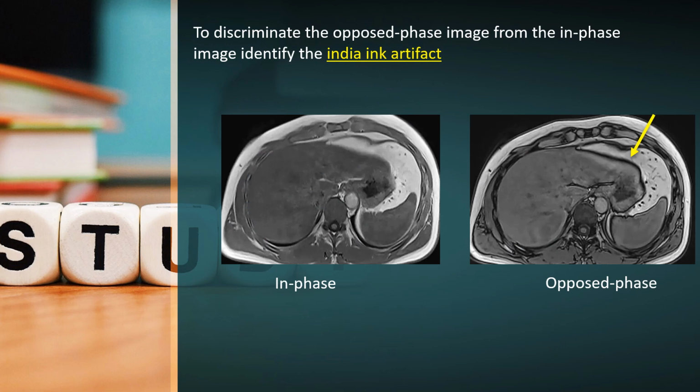To discriminate the opposed phase image from the in phase image, try to identify the India ink artifact, indicated by the yellow arrow. This artifact is a dark line encircling the body organs and represents the interface between two tissues. One of them mainly has fat content and the other mainly has water content.